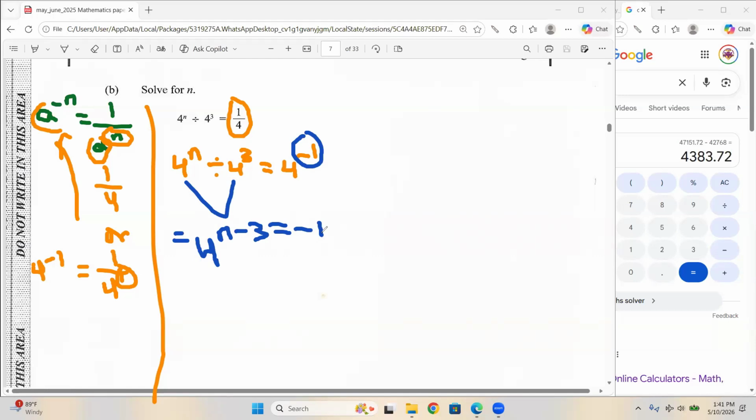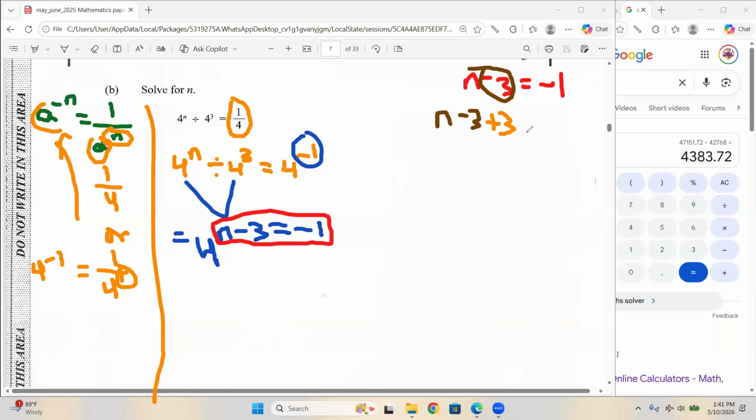So what we can do is take this to the side and work it out by itself and transpose for n. So n minus 3 is equal to negative 1. To get n by itself, we need to move the negative 3. You do the inverse of the sign in front of the 3, so you add it.